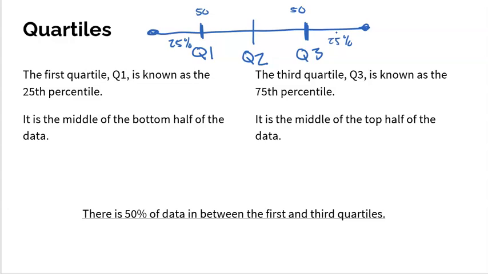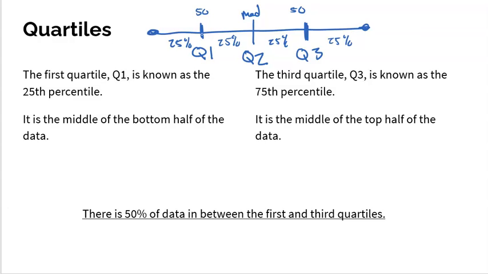So just like quarters split a dollar into fours, quartiles split your data into fours as well. So the median is the second quartile right in the middle, and this breaks your data down into these 25% chunks. So that's why Q1 is defined as the 25th percentile, 25% below it.